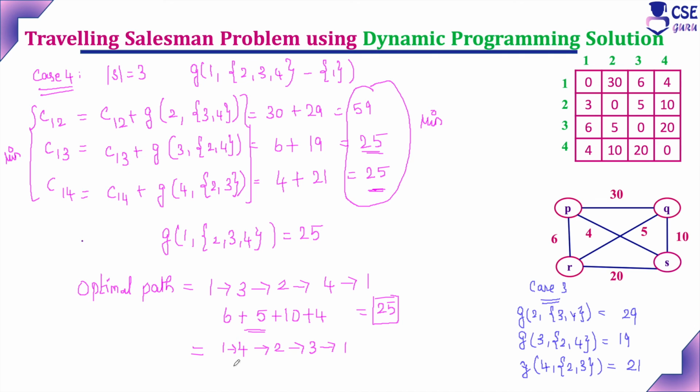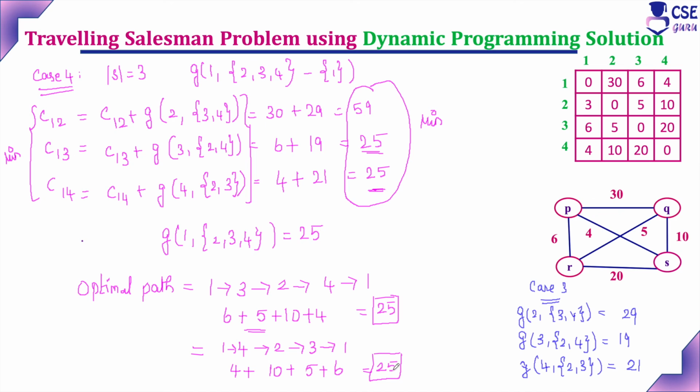For this cost, 1 to 4 cost is 4, plus 4 to 2 cost is 10, plus 2 to 3 cost is 5, plus 3 to 1 cost is 6. So this also we will get 25. So the salesman can choose any one of the paths to travel.